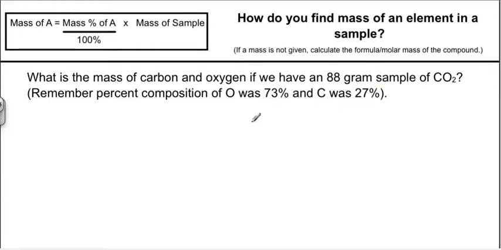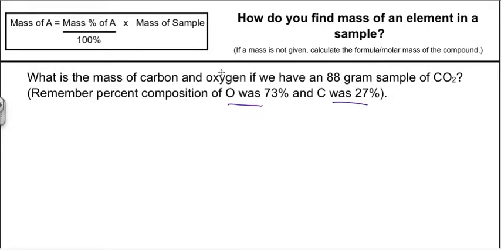And the other thing that makes this kind of tricky is that you have to find the percent composition before you can actually find the mass of carbon or oxygen in an 88 gram sample. Sometimes it'll be given to you, other times you have to calculate it, but make sure that you have this information first before you dive into plugging things in your equation.